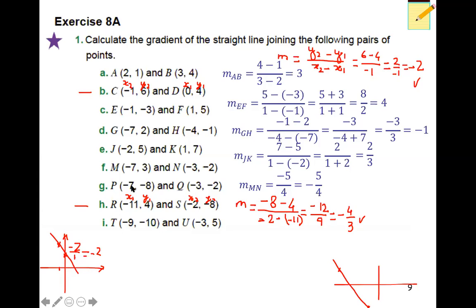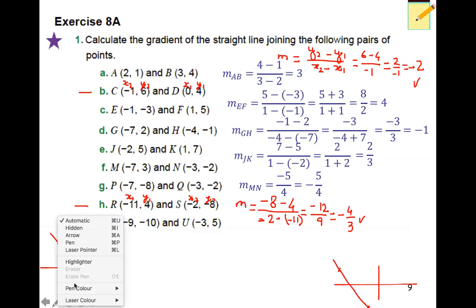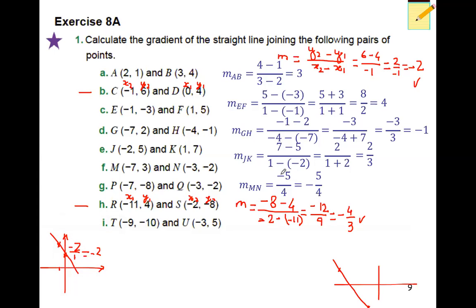Okay, so that should have been 5 over 4. So I'll fix that. Let me fix that pen. So that should have been a +5 divided by 4, which is just 5 over 4.